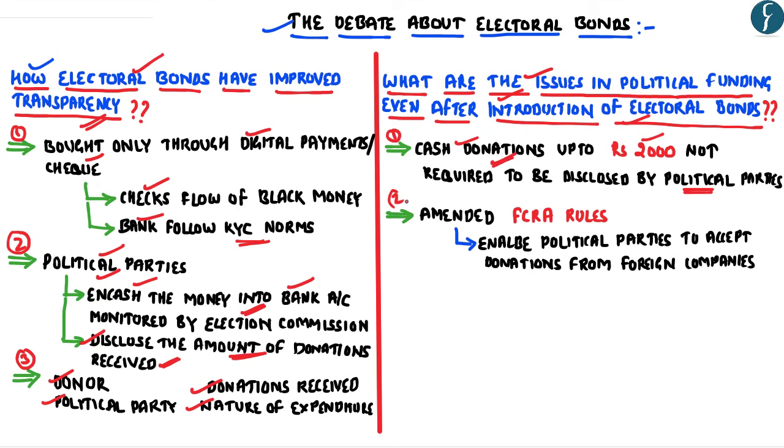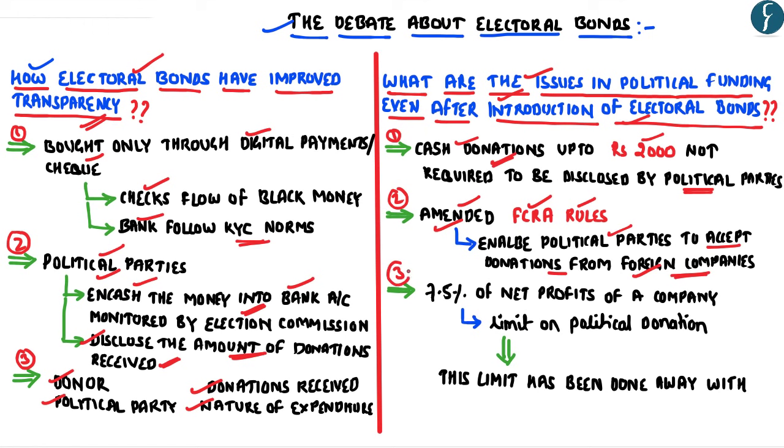The second issue is with respect to the recent amendment carried out to the Foreign Contribution Regulation Act rules. This amendment enables the political parties in India to accept donations from foreign companies. So, this provision can enable foreign companies to influence government policies through political funding.